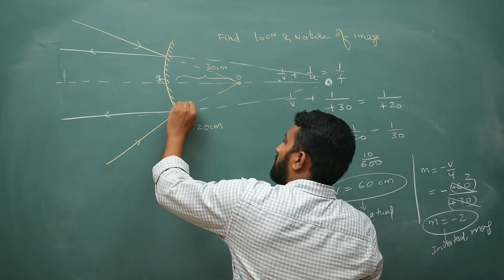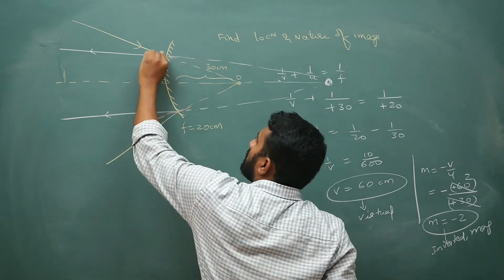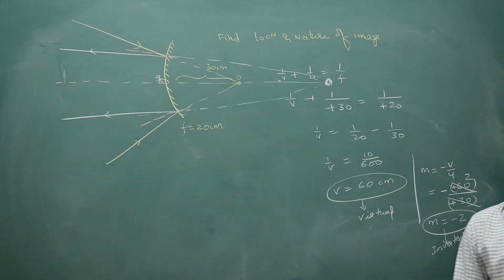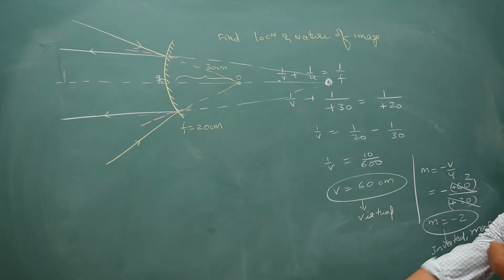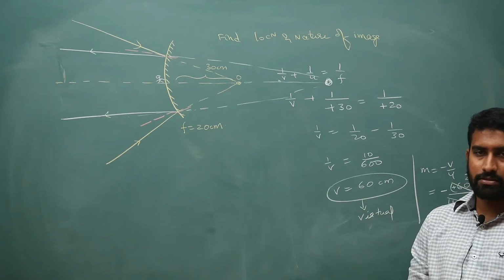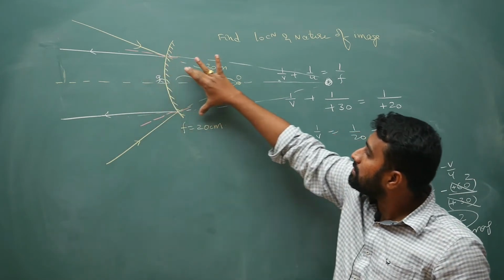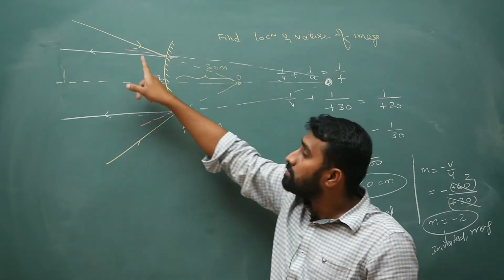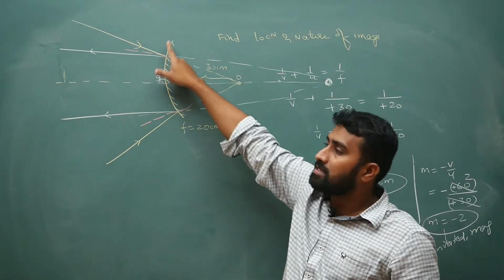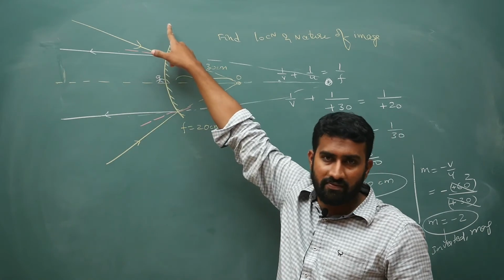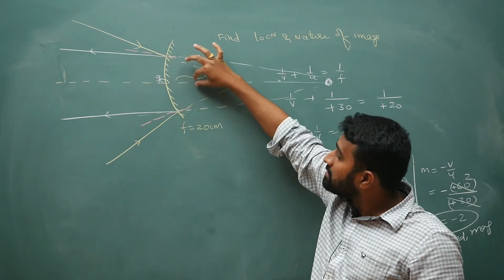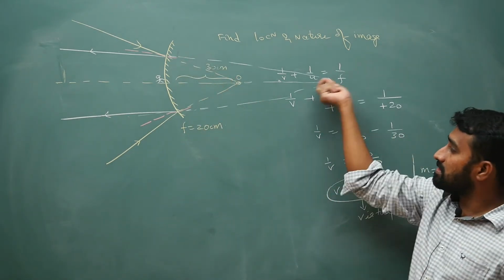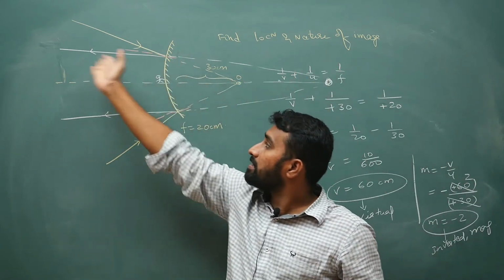In between you have this normal here, normal here. Do the calculation and then try to explain things. I have put it like this so that this will come somewhere here beyond this 30. You may ask, sir, can I keep these rays upwards? No. If you keep this reflection here, then those extended rays will interfere somewhere here. But we got in the calculation v is 60, which means it is far beyond. That is why I have reflected this way.